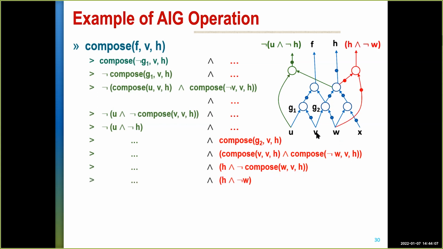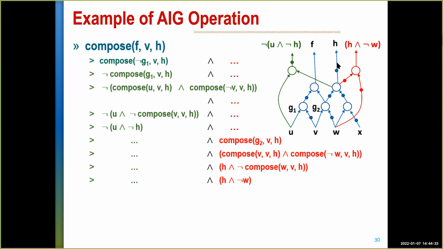And once again, W is independent from V. So this just becomes W. So it is H and negation W. So once again, I take H from here, right? So H is really after this inversion. So if I pull out an edge from this part, maybe I should say here, the fan out always happens from the output of the AND gate.